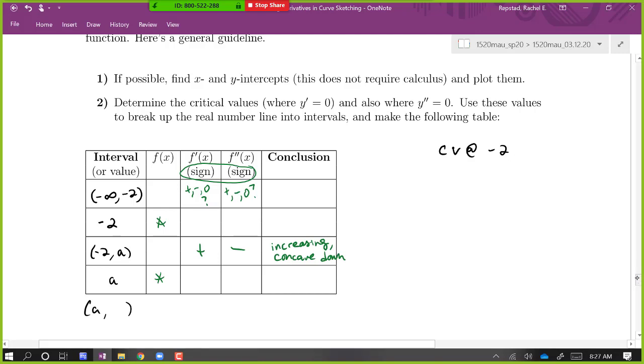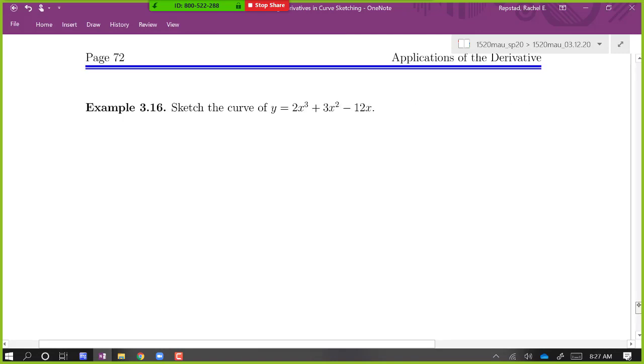Okay. So we're going to sketch this curve. We're going to get our first and second derivative information. So let's start with the first derivative.